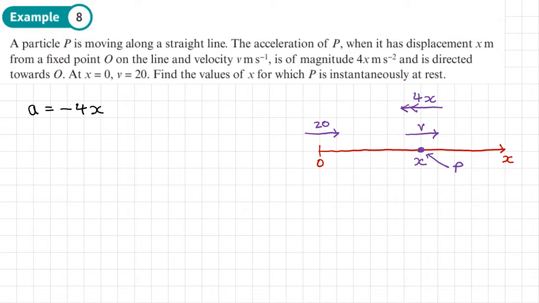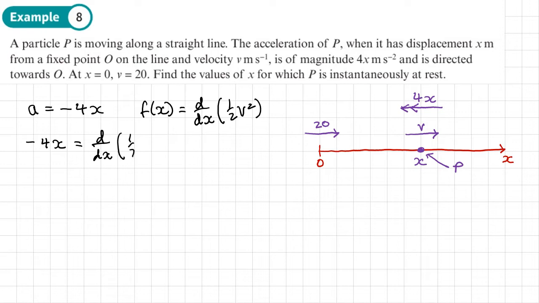Then we can write down our expression, which is f of x is equal to d/dx of half v squared. We can substitute in f of x, which is minus 4x, is d/dx of half v squared.